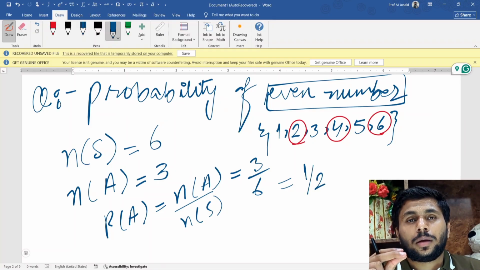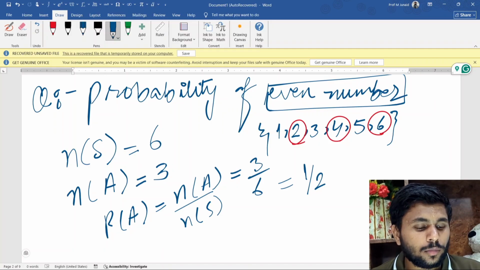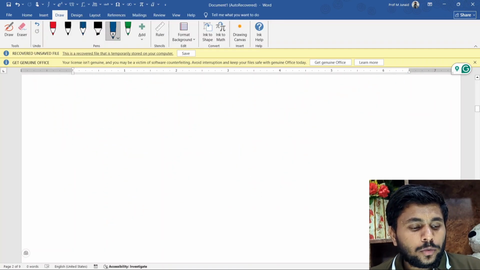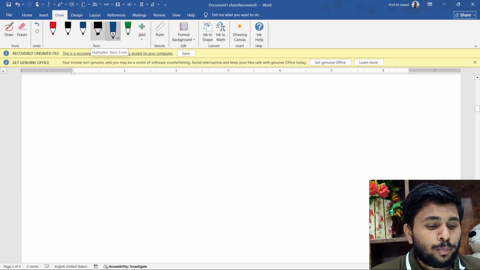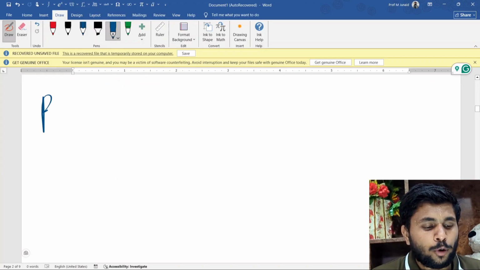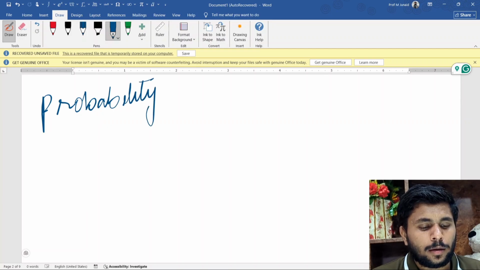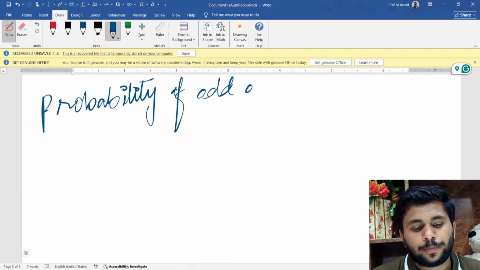Just an easy question. Let's move forward. What is the probability of rolling an odd number? Probability of odd ones.